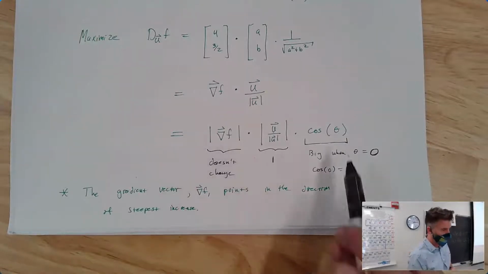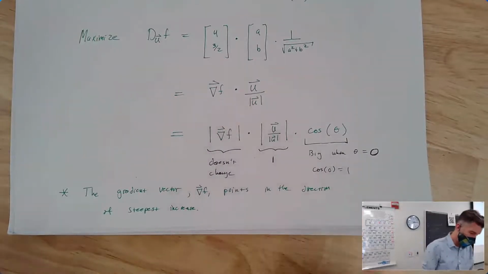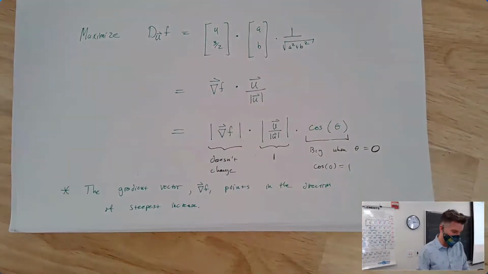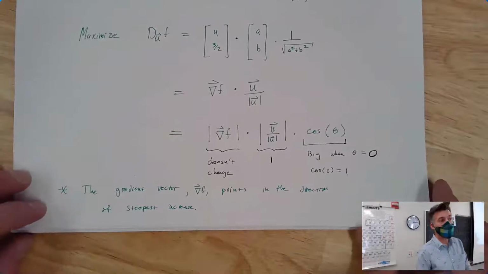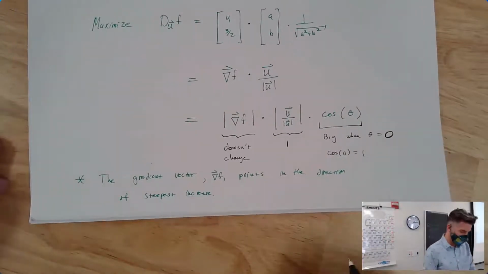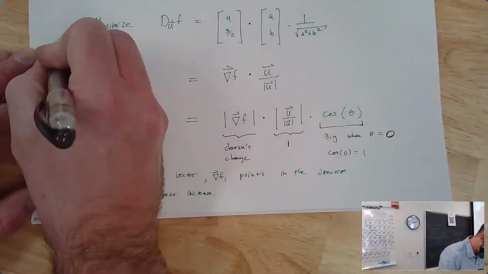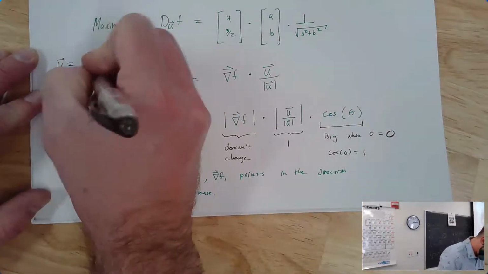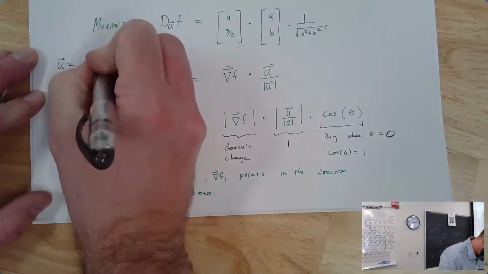Back to this question here. If I want to know the direction that maximizes the directional derivative, well, it is the direction of the gradient. But that's not quite the right answer. The answer is not just the gradient.